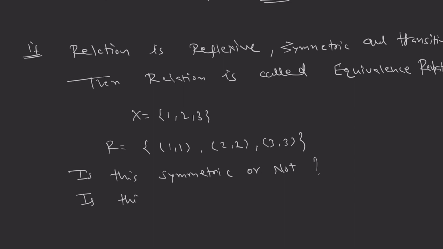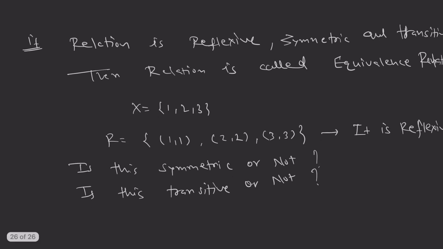Is this transitive or not? We know that it is reflexive because (1,1) is there, (2,2) is there and (3,3) is there. But is it transitive or symmetric? This is transitive also. You can check.